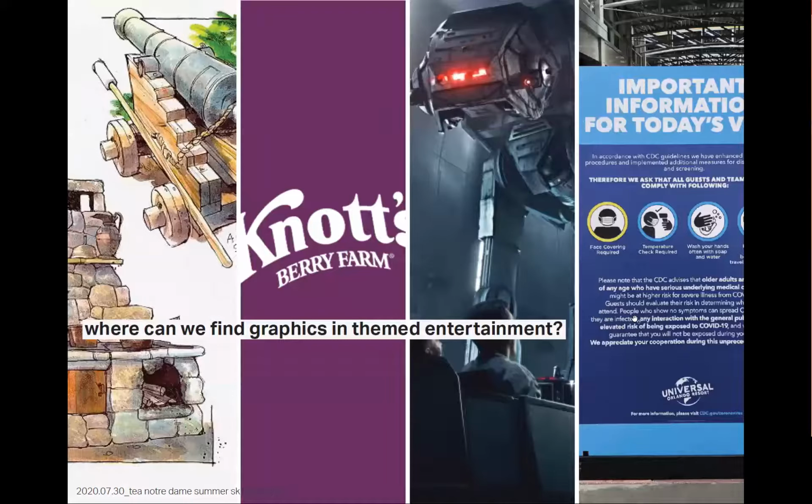Now that you have a loose understanding of graphics, you may also wonder where we can identify graphics in themed entertainment. Moving from left to right, we can look at a whole wide range of graphic types. At the far left, we have what I believe is graphics in their most pure form, the concept sketch.